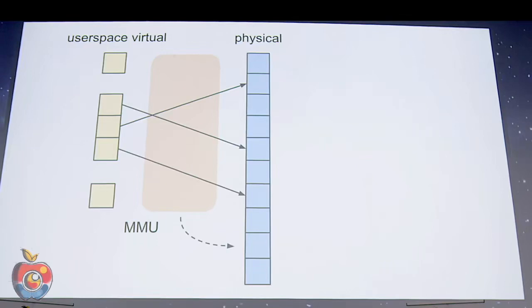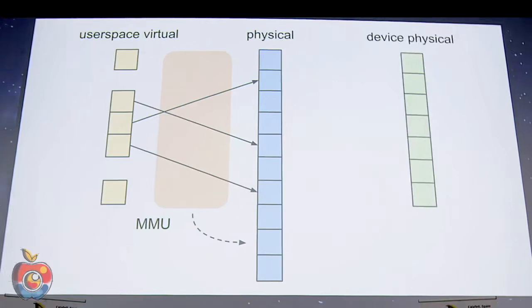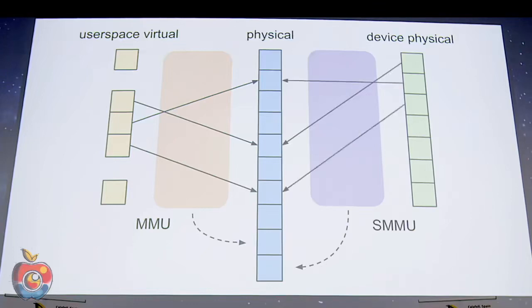Well, there is an analogous thing which is also providing a translation for device physical memory, going the other way. So that a device would use an SMMU in ARM parlance, DART in Apple world, to also perform a similar translation, such that everything doesn't have to be physically contiguous, but from the device's perspective, addresses can appear physically contiguous, even if they're perhaps not.